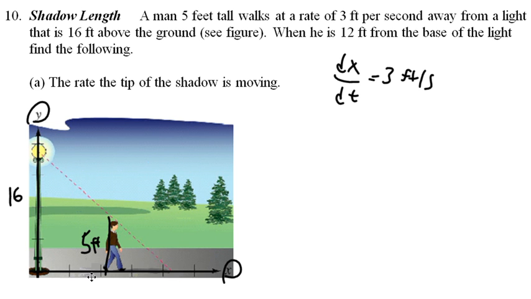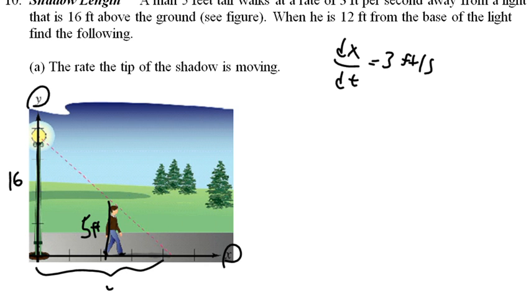This is 12, but we don't want to use 12 right here yet because we want to do this arbitrarily right now. So let's just call this whole thing right here, from here to here, y, okay? And then from the base of the light to where he's positioned, I'm going to call that x.